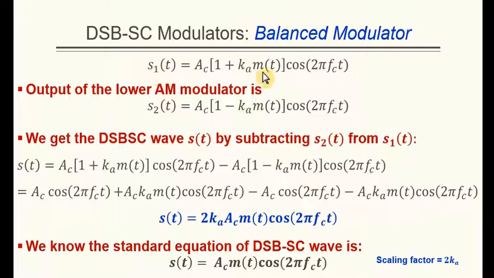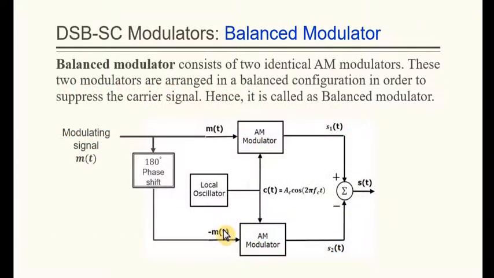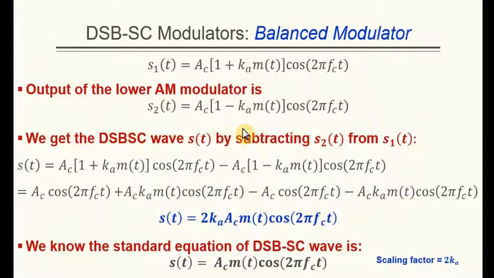So we have S1 of t is equal to Ac 1 plus ka m of t cosine 2 pi fct. And for the other one, S2 of t is equal to Ac 1 minus ka m of t cosine 2 pi fct, because we have minus m here. That's why we have this minus instead of plus.